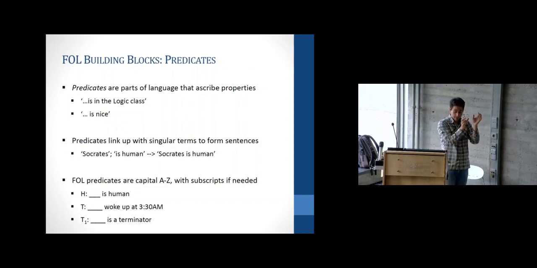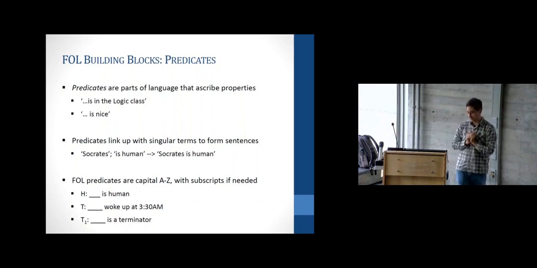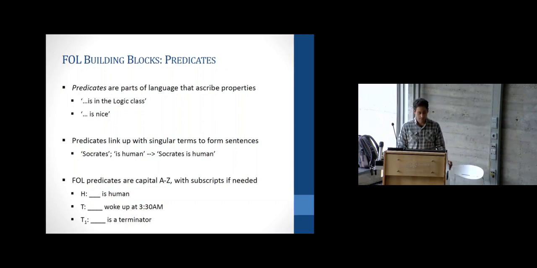The idea is that we link up predicates with singular terms to form sentences. I have the name Socrates, I have the predicate is human, and I can combine them to get a full sentence: Socrates is human. So here we split the atom, so to speak, because we take a sentence like Socrates is human and divide it into the name part and the predicate part, the singular term and the predicate.